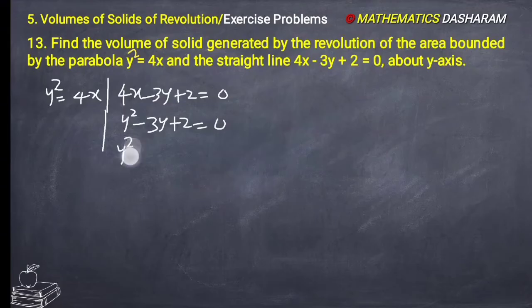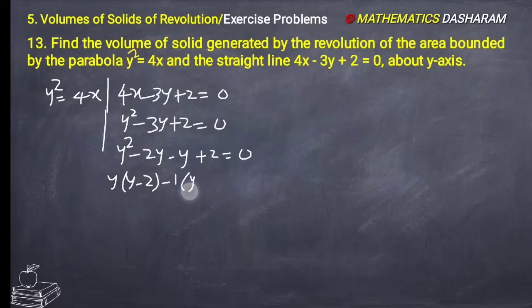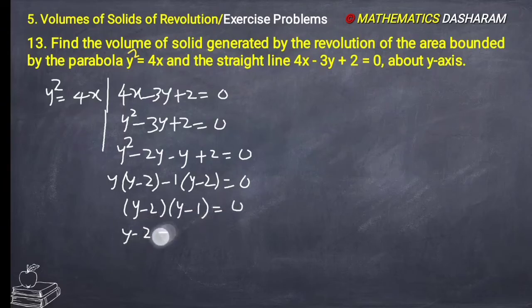Here y square, 3y can write as minus 2y minus y plus 2 equals 0. Take the y common, y minus 2, minus 1 common, y minus 2. Then y minus 2 into y minus 1 equals to 0. Y minus 2 equals 0, y minus 1 equals 0, y equals to 2, y equals to 1.